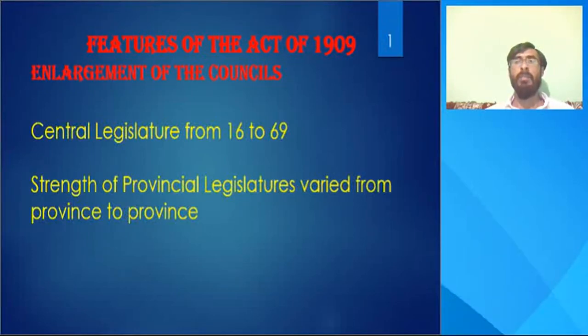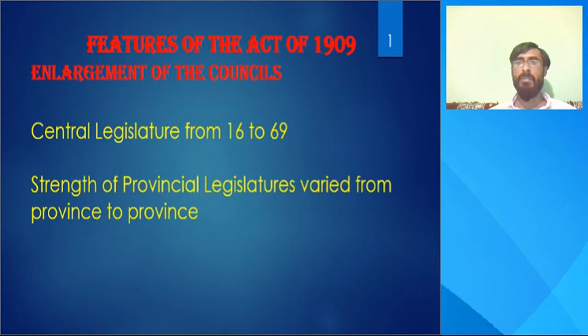In this section, I would like to discuss in brief the features of the Act of 1909. So, to begin with, the first feature of the Act of 1909 was the enlargement of the councils. Under this Act, the strength of the legislative councils, both at the central and at provincial level, was increased.